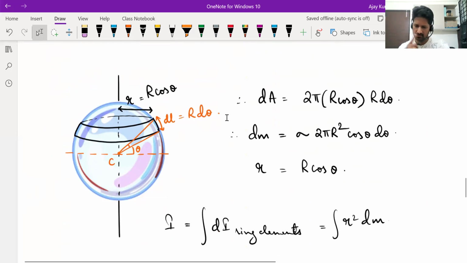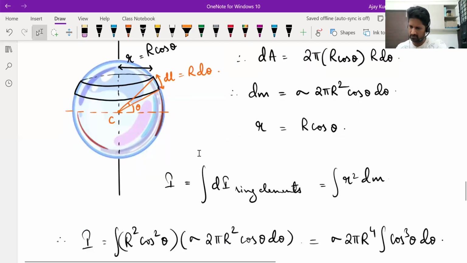Area will be circumference 2 pi r, and 2 pi small r is 2 pi capital R cos theta. Multiplied with the slant length. Slant length is r d theta. That's fine. So dm becomes sigma into dA. dA is 2 pi r square cos theta d theta. And small r is capital R cos theta. That's fine.